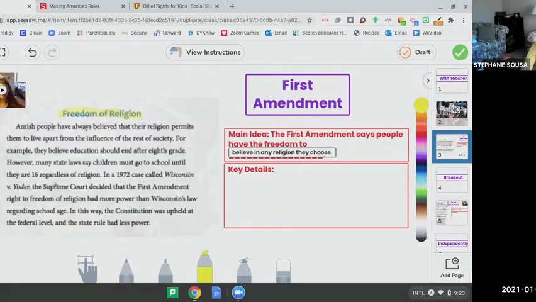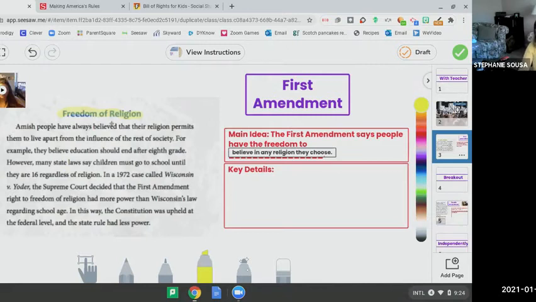Yoder, the Supreme Court decided that the First Amendment right to freedom of religion had more power than Wisconsin's law regarding school age. In this way, the Constitution was upheld at the federal level and the state rule had less power. So that's talking about that 10th Amendment right, that states can have their own rules, but the country's are stronger. So let's go back through and highlight some proof here.